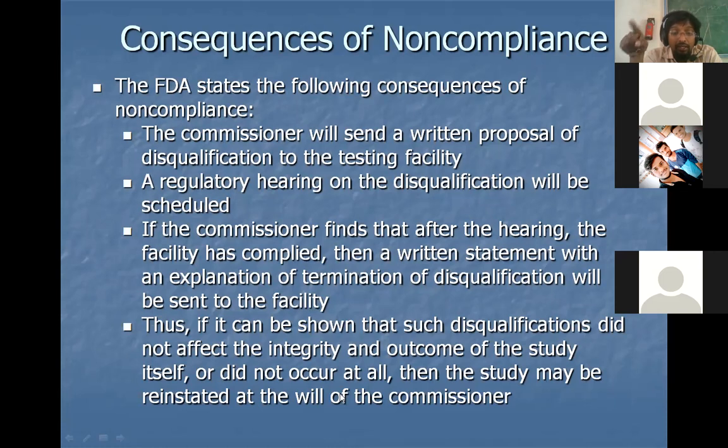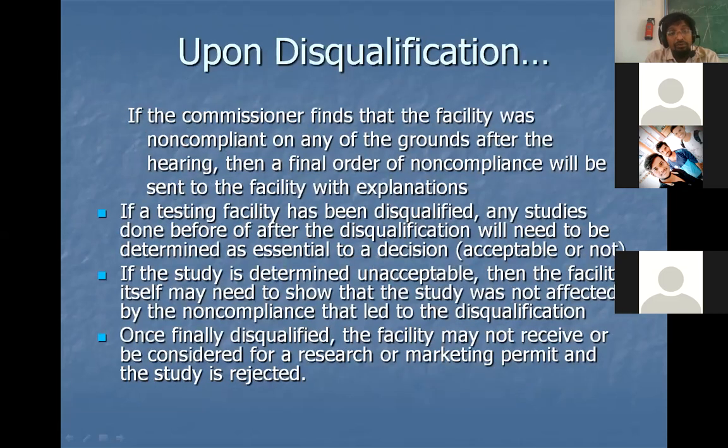Thus, if it can be shown that such disqualification did not affect the integrity and outcomes of the study itself or did not occur at all, then the study may be reinstated, right, at the will of the commissioner. So these are the consequences of non-compliance with GLP.